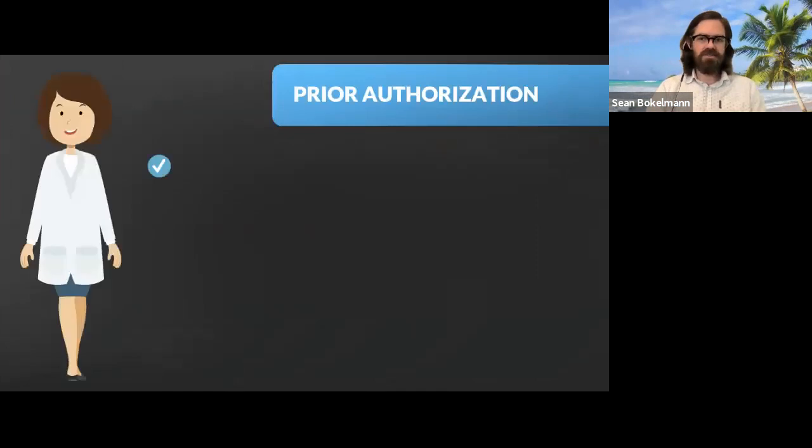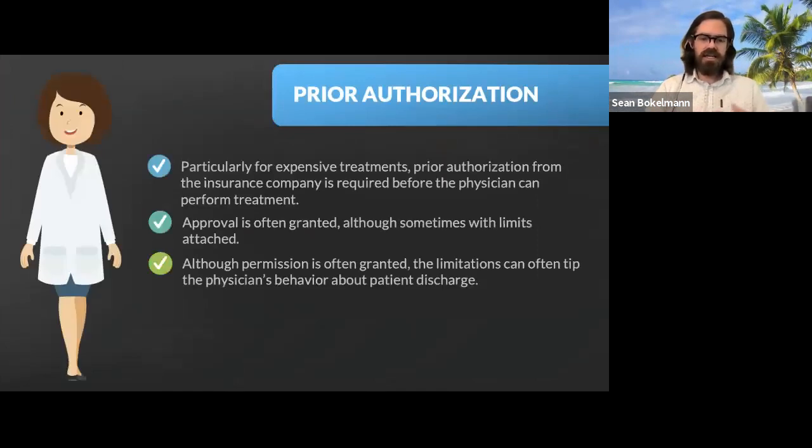Okay, so prior authorization is pretty straightforward. It just means that before the doctor can perform a particular procedure, they essentially have to get the permission of the insurance company. They have to get authorization. And in most cases, it's approved. There's not many cases where the insurance company denies it, but there are instances where they approve it with limitations, right? So there's limitations attached.